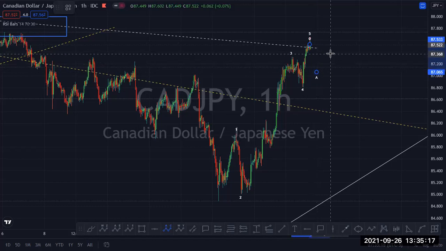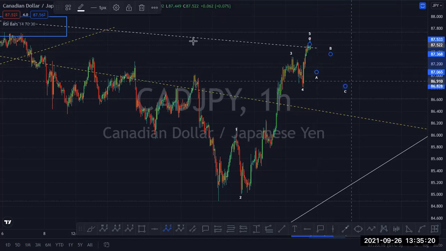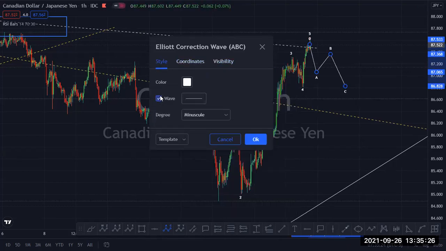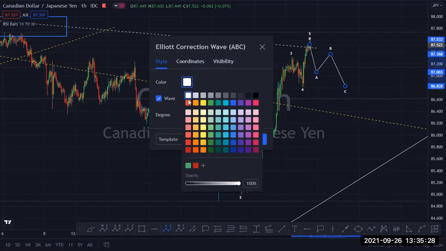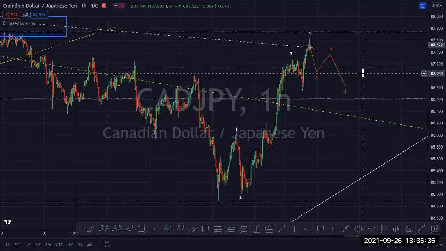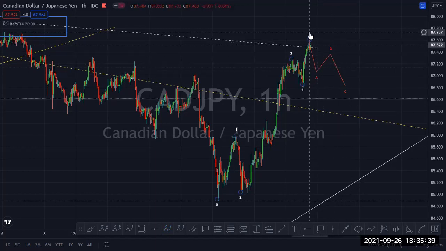A, B, C. So that's what I expect after the 5 waves move. So you now watch the market to see if it drops like this. It means that this is wave 5. But if it doesn't drop, if it's still going up, then either wave 5 is still moving up, or wave 3 is somewhere here.